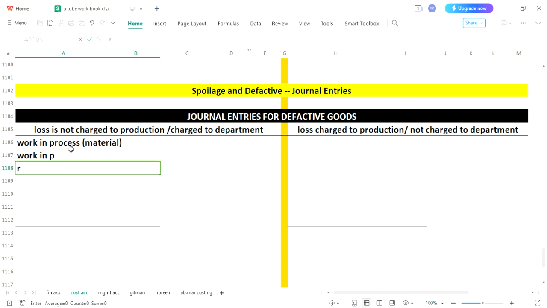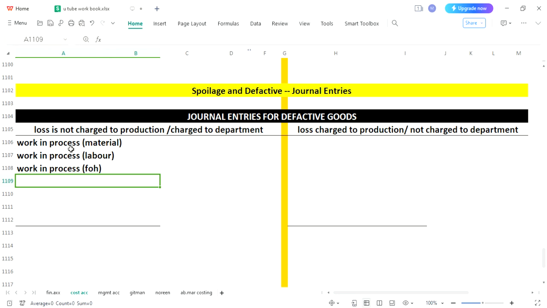Again, work in process, and work in process, but here we will be using labor, and then we will be having work in process factory overhead. This is showing that we have started some work. How? By using some material. So if material is used, it means there is a decrease in material, decrease in asset, and we are crediting it.